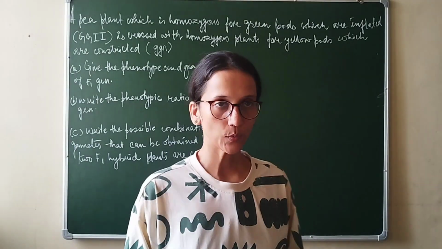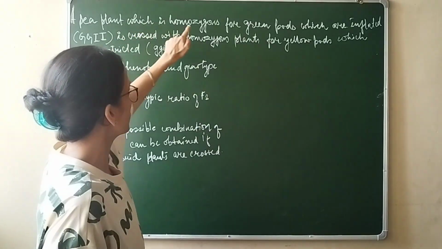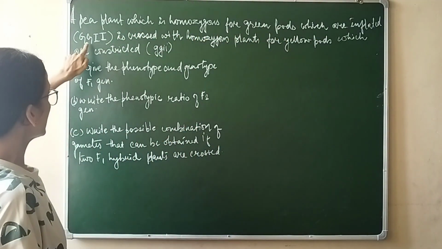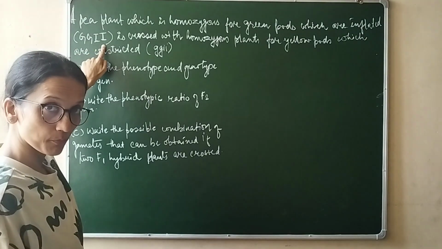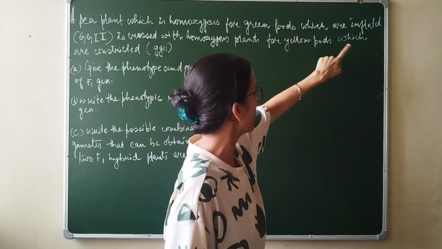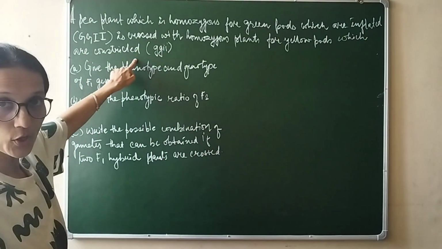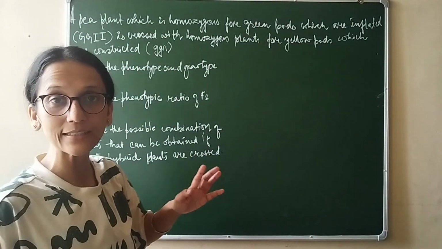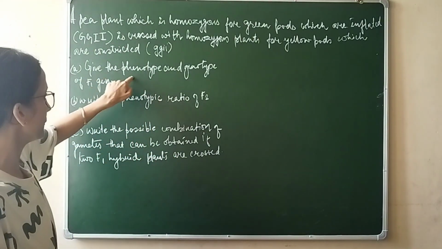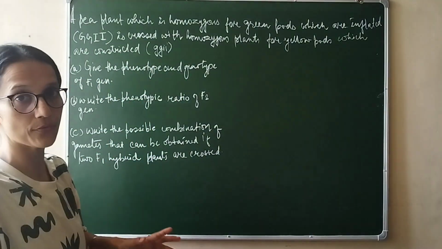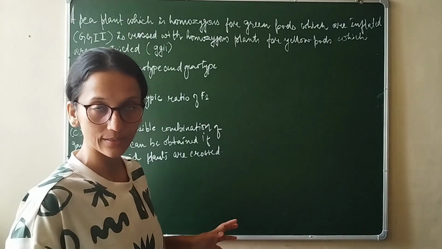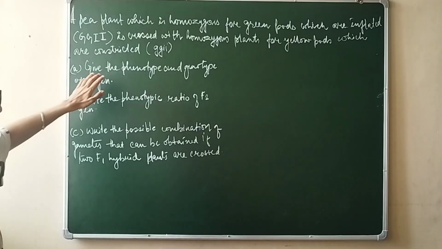Now let us solve another question. In this, a pea plant which is homozygous for green pods which are inflated, capital G, capital I, they have provided you the genotype, is crossed with a homozygous plant for yellow pod which is constricted, small g, small i. Very clearly this is an example of a dihybrid cross. So the first question is, give the phenotypic and the genotypic ratio of the F1 generation. It is very clear that even without a Punnett square you can predict the phenotypic ratio of the F1 generation.